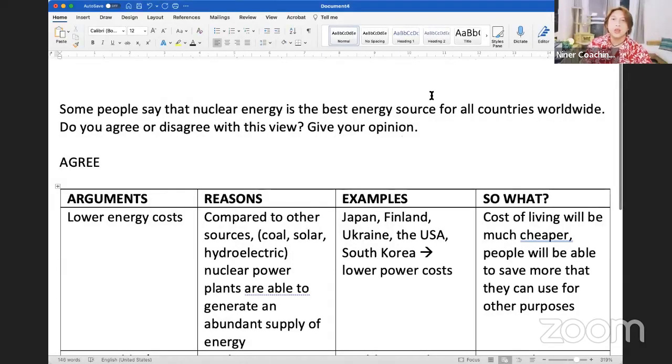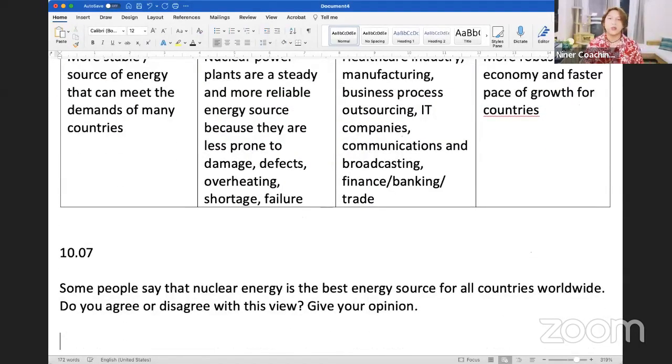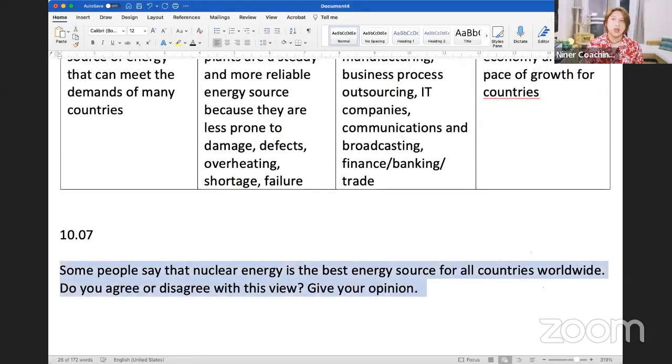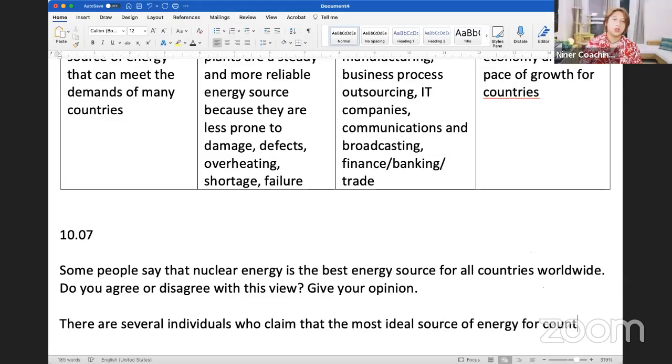We're going to write our introduction, and our introduction is basically a paraphrase of our task description. This is the task description. What we need to do is paraphrase that and write something very close. So some people say there are several individuals who claim that the most ideal source of energy for countries around the world is nuclear.